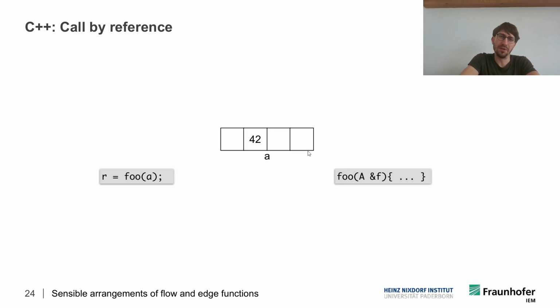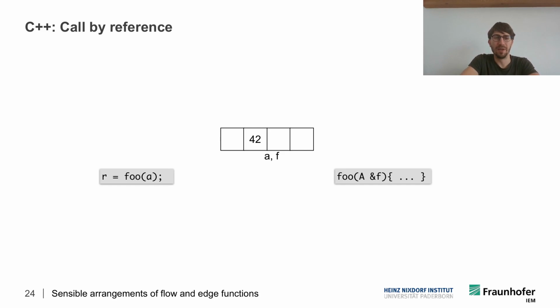So now consider that A is again a variable of some data structure, and now when we call the function foo, then F will actually reference the same object in memory. But as we are analyzing on the intermediate representation level, we are interested in what is really happening on the IR level as well.